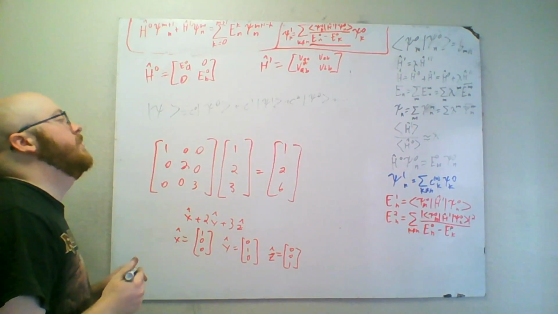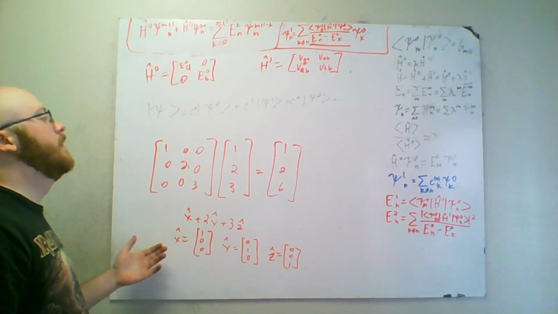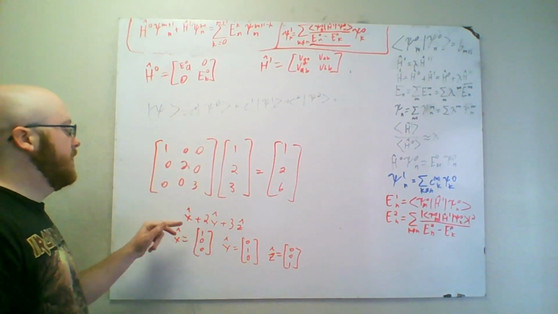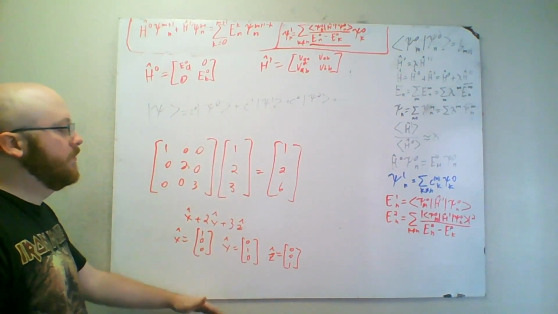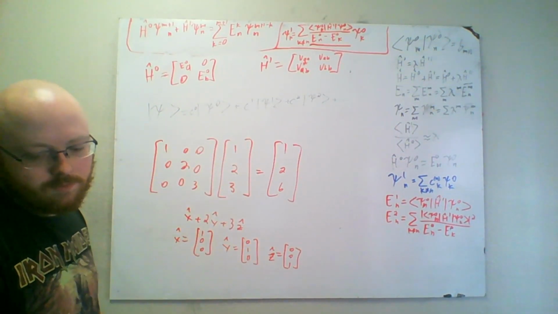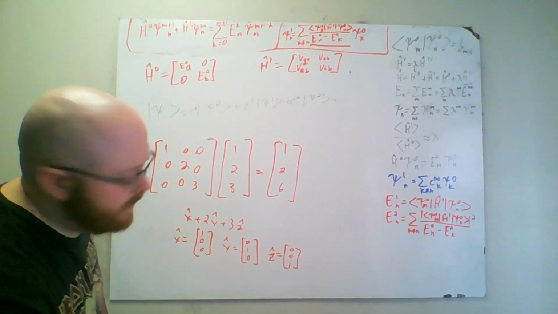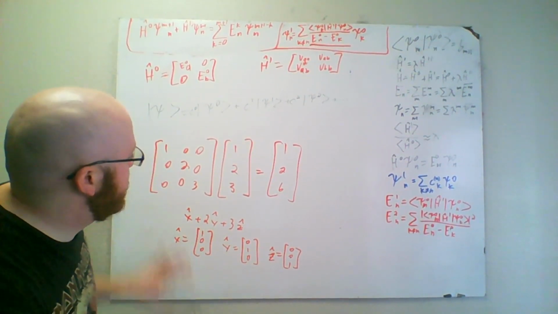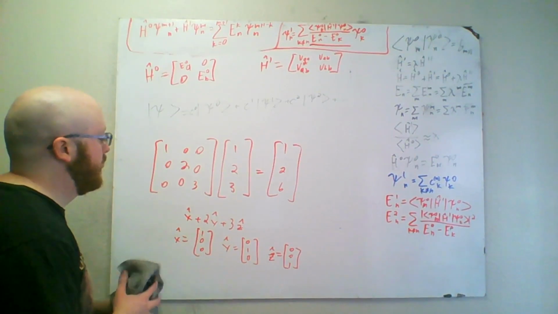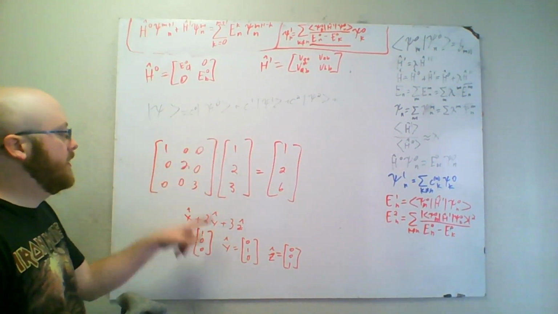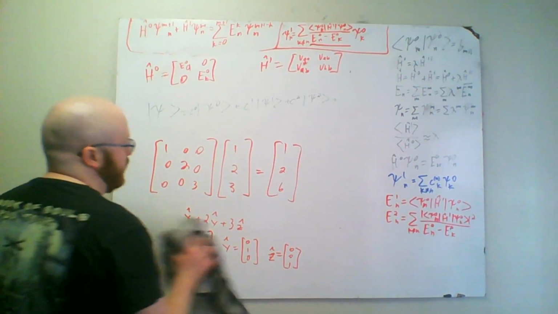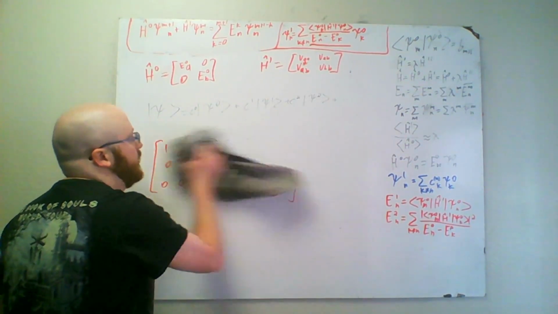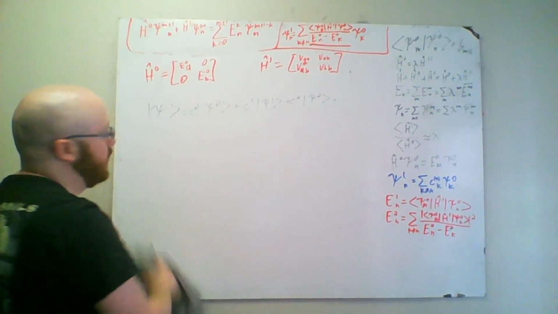Now I'm going to say psi 0 is a 1 and then all zeros, psi 1 is a 0 and then a 1 and then zeros, and so on and so forth, right? So let me make it more explicit. I'm going to erase this for a second. But you can see that x hat goes here, y hat can go here, z hat can go here, and there aren't an infinite number of letters, but you can imagine the same pattern continuing. Okay.